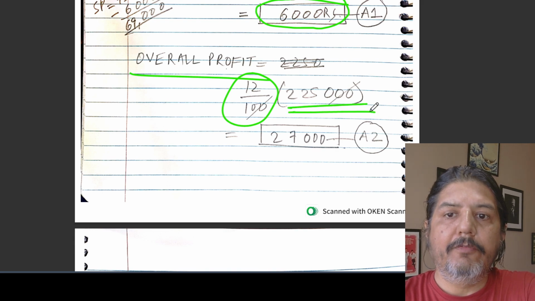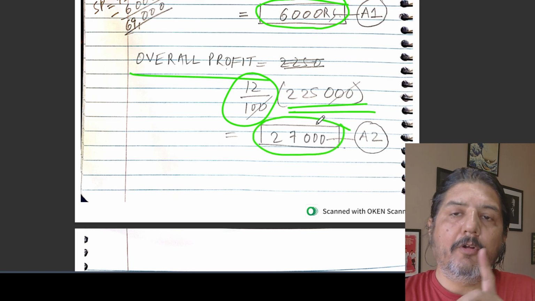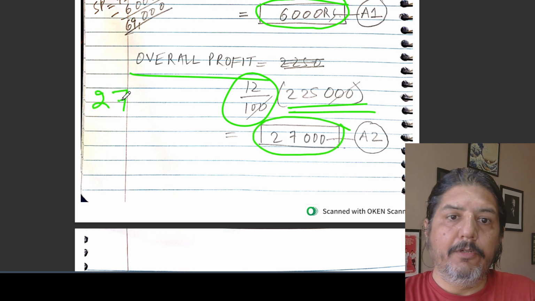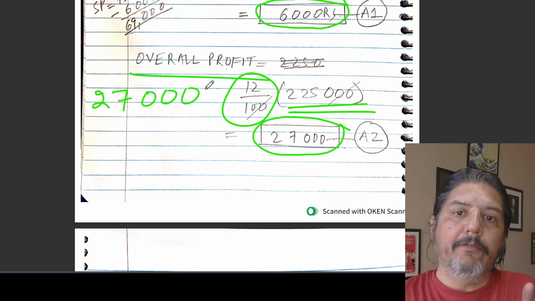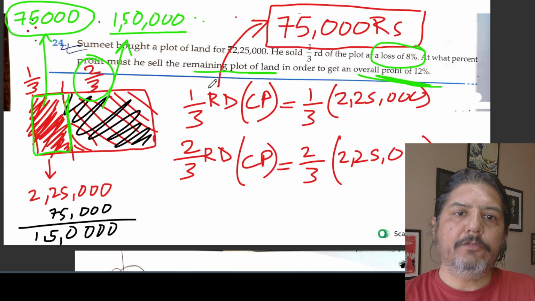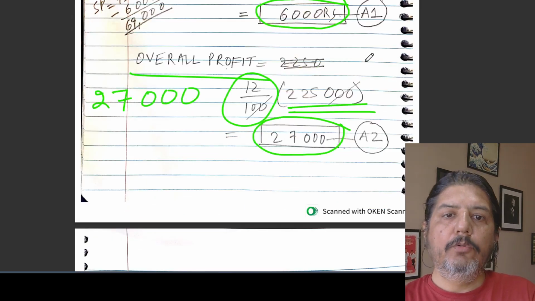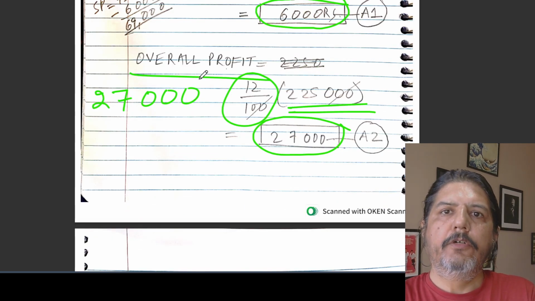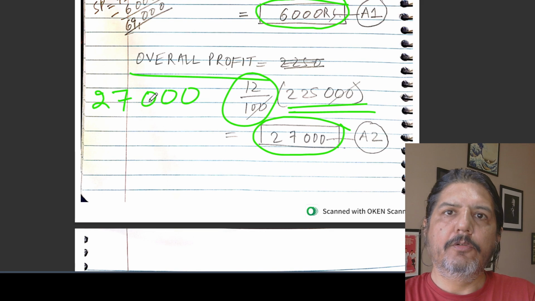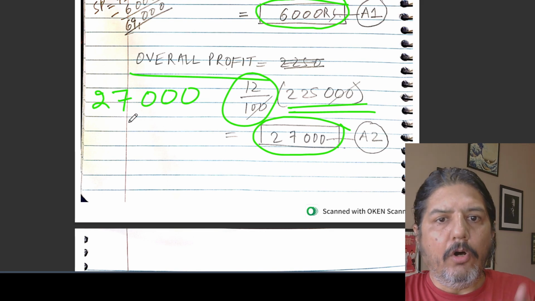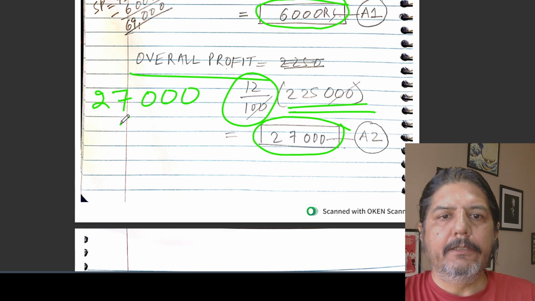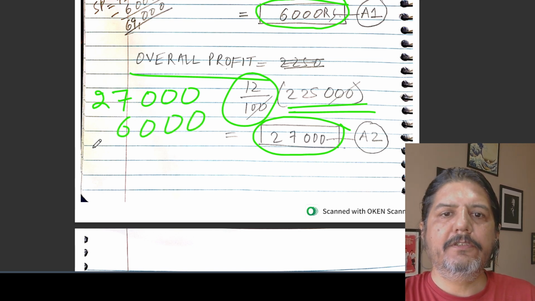This overall profit is on 2,25,000. So he wants an overall profit of 27,000. But what you need to understand is that when he sells the rest of two-thirds of the land, he will have to make a profit of a total of 27,000 rupees, it will also have to recover the loss which has made of 6,000 rupees.